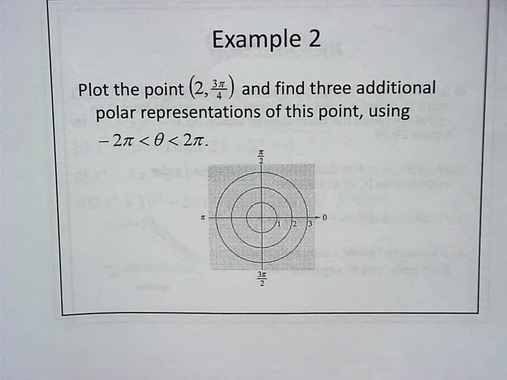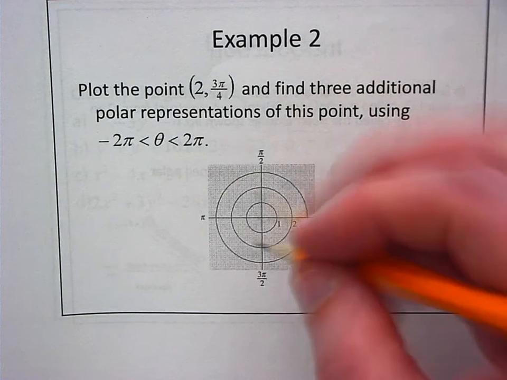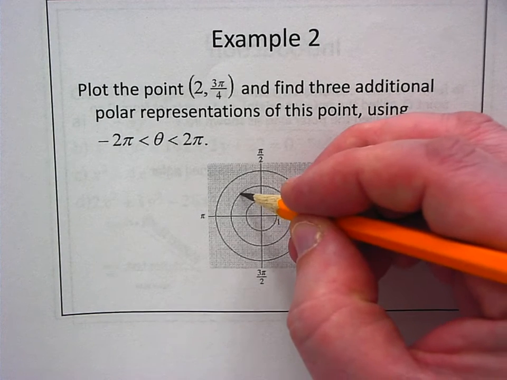Now, just like with vectors, you can describe these things multiple ways. So if I have 2, 3 pi over 4, where is that at first off? Out on the left side. Yeah, second quadrant, so left top and dead center.